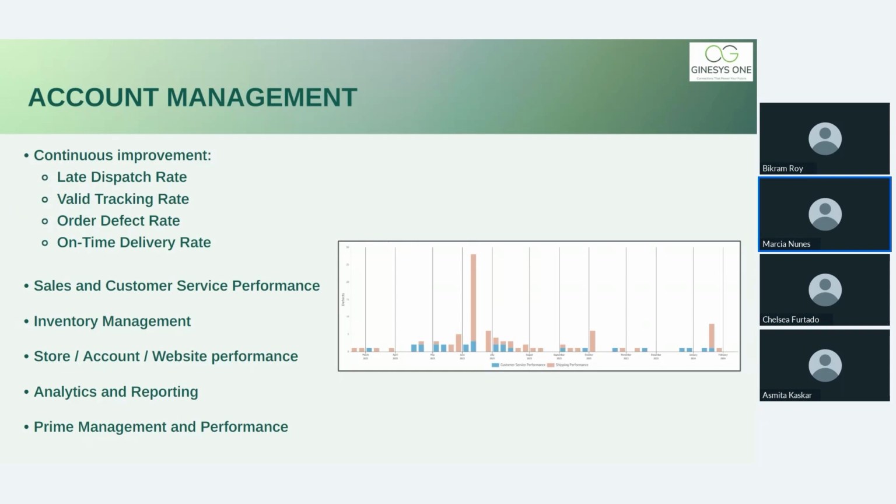If the same is not done, the LDR is impacted. In case of any issues faced, a corrective action needs to be taken and the same needs to be informed to the marketplace on a timely basis. The LDR cannot be more than 2%. Any late dispatch above 2% may result in account deactivation.